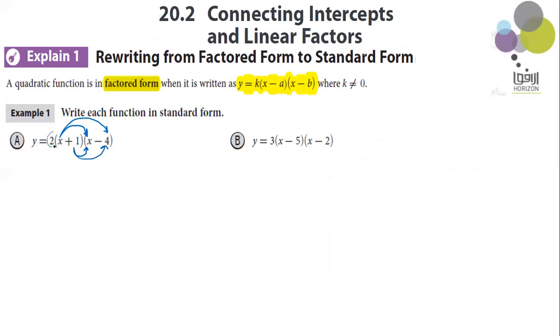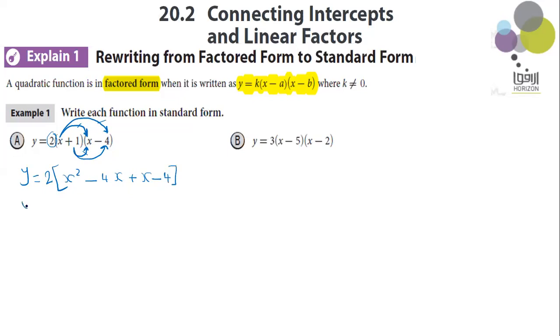Don't forget, we have 2 outside, so we have to write y equal 2, open brackets, and we will multiply this. X multiply x, so x squared. X multiply negative 4, we have negative 4x. Second one is done. Third one, 1 multiply x, positive 1x. 1 multiply negative 4, so negative 4.